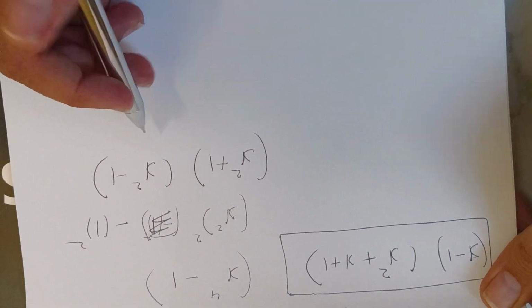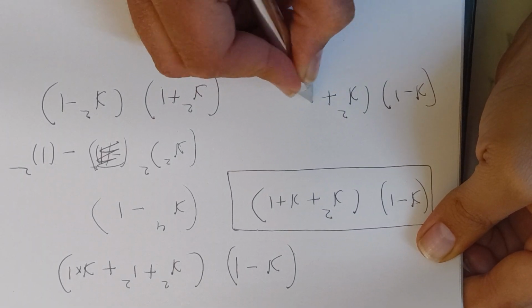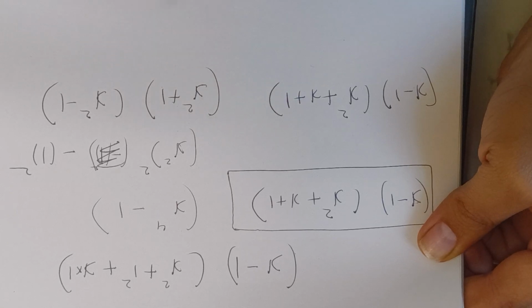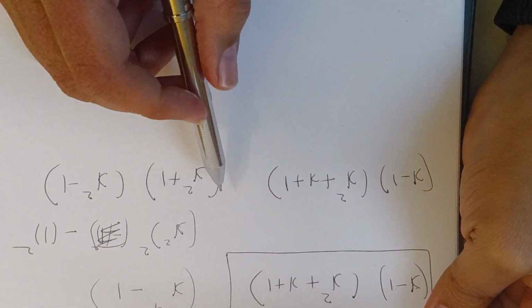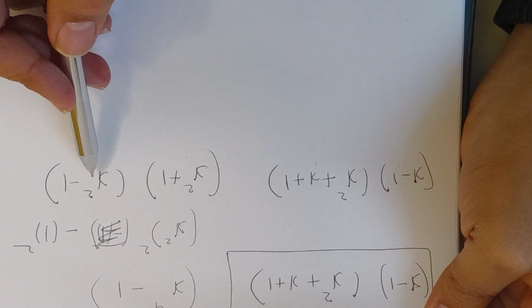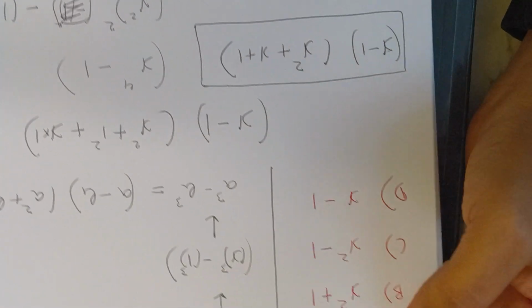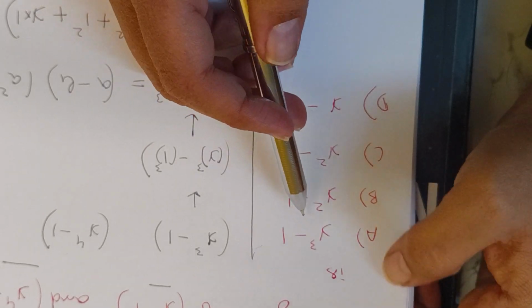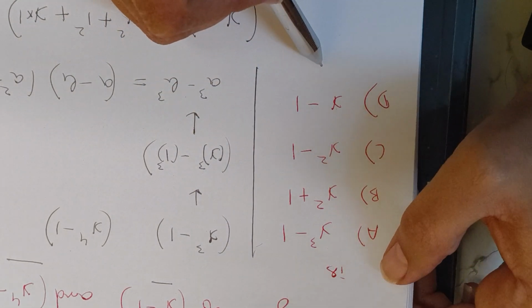So here we have two factors, and here also we had two factors, x square plus x plus 1 and x minus 1, but in this we don't see anything common. Here it is x minus 1, x square plus x plus 1, here there is x square plus 1 and x square minus 1. So we don't see anything common, so we are not able to get the HCF, and we have this option.